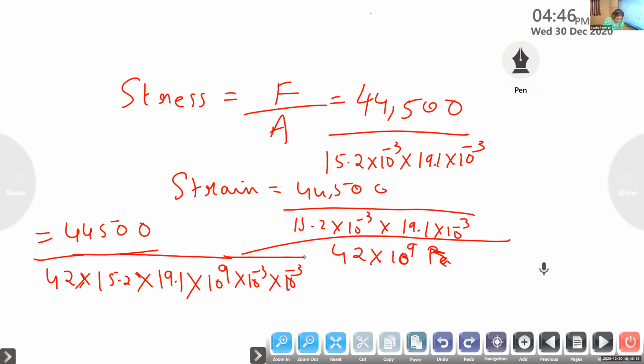So these all are big numbers. You should learn how to solve it faster. Okay. 10 to the power of 9 into 10 to the power of minus 6. So you will get 10 to the power of minus 3. Okay.